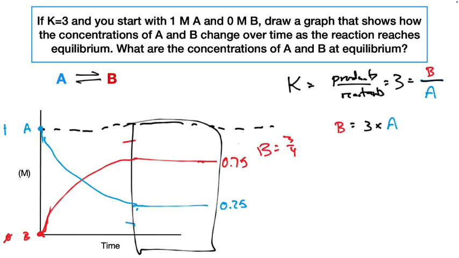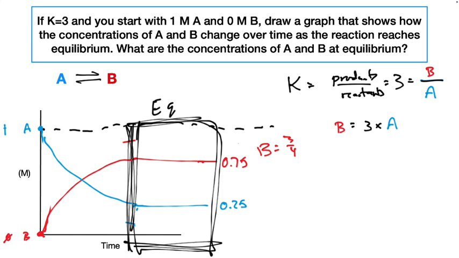What's the rate of change of my concentrations? Zero. This is my equilibrium. That tangent line, I can't even draw a tangent line because it's flatlined.